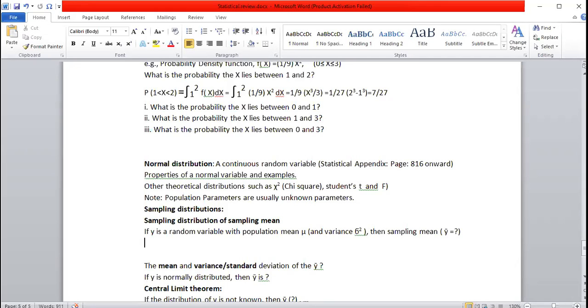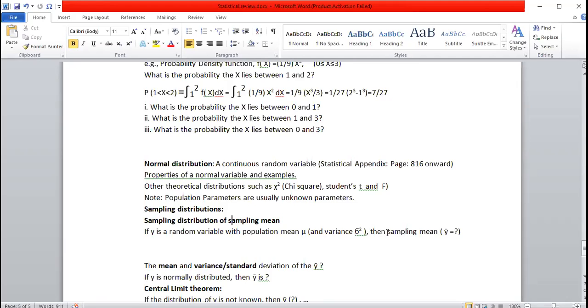Actually, it's possible because of the properties of the sampling distribution. What is that? If you take a sample, forget about other tidbits and complications.